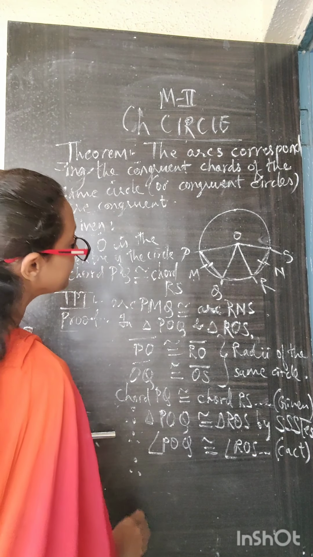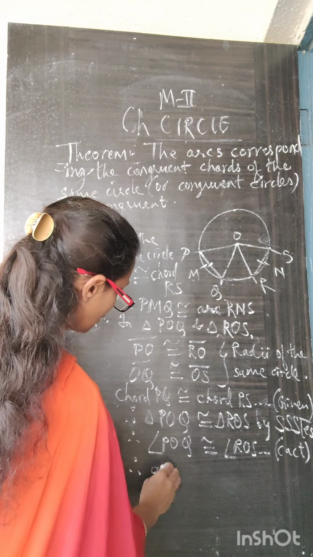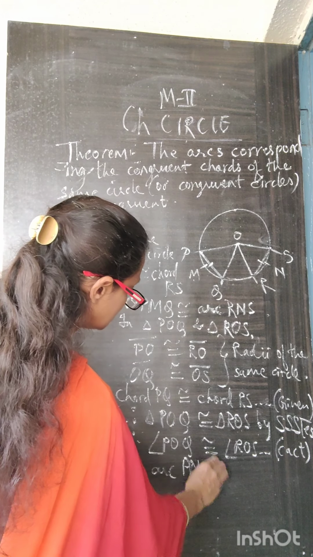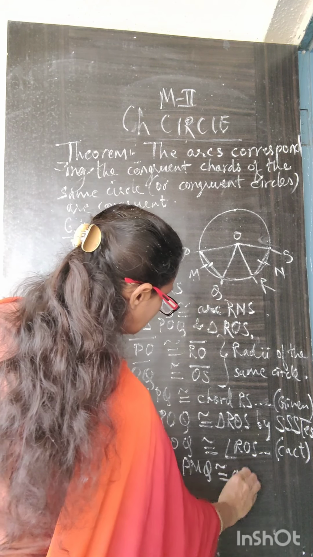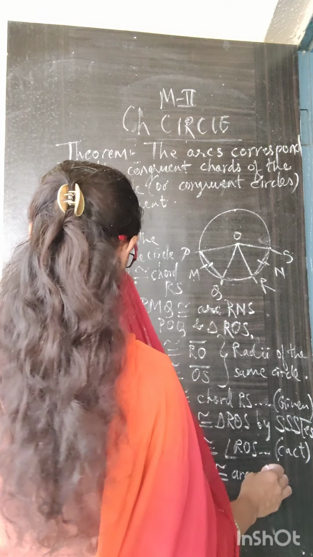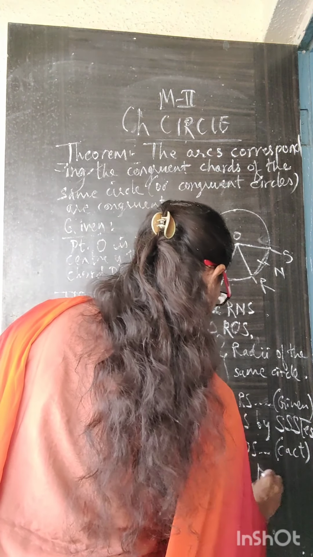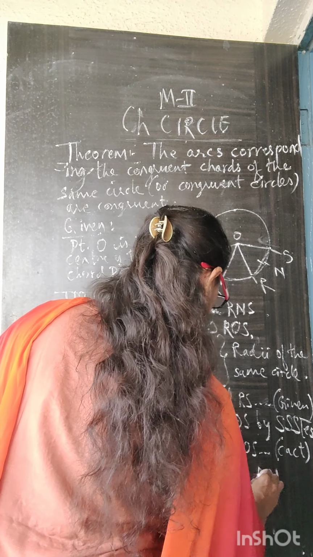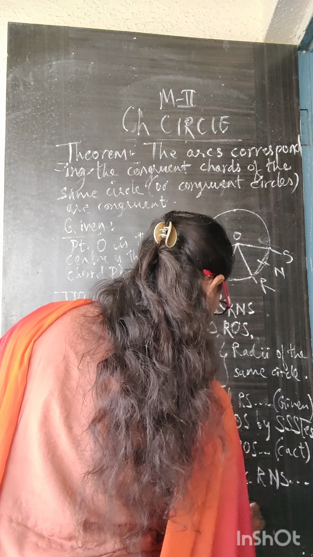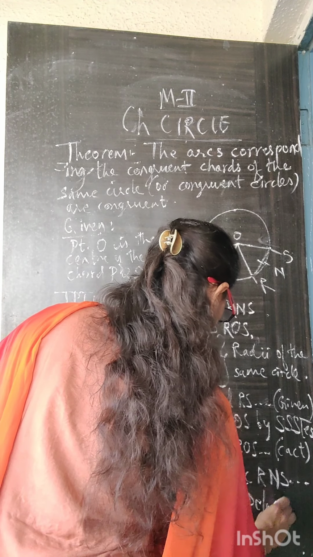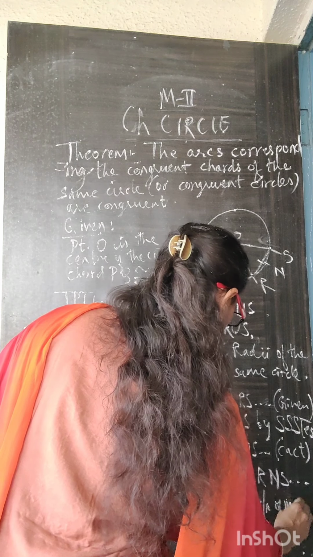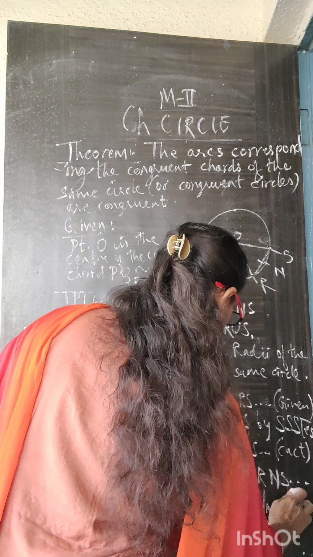And therefore, arc PNQ is congruent to arc RNS. Reason: definition of minor arc.